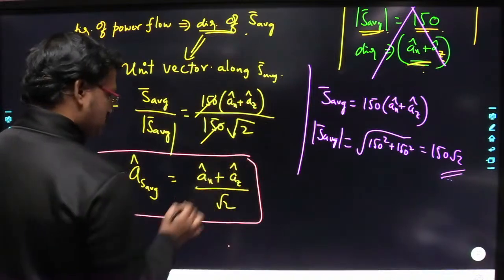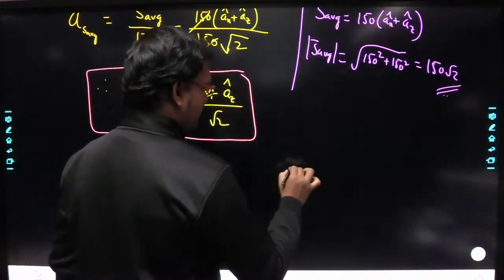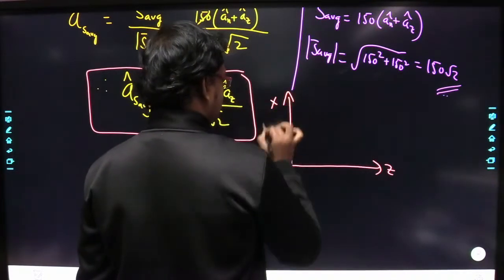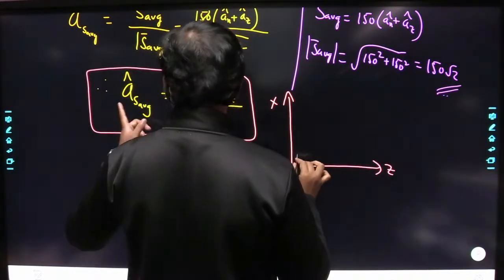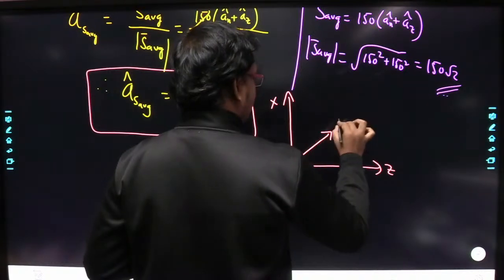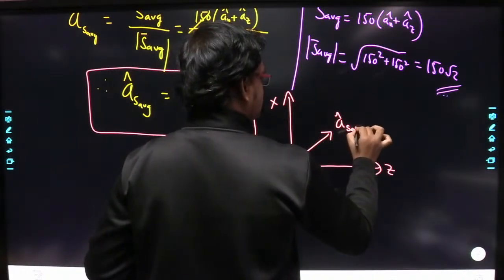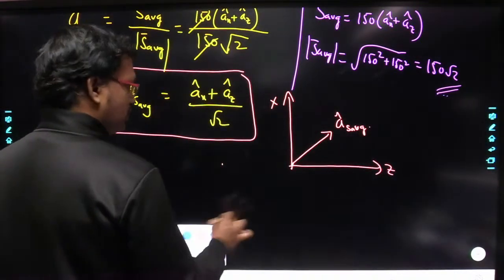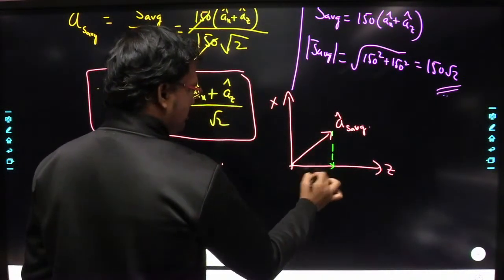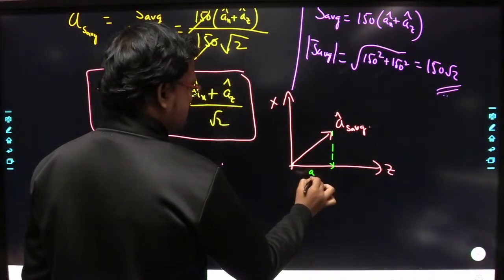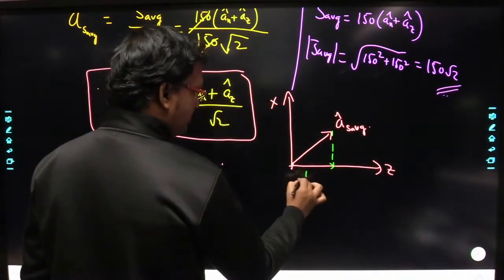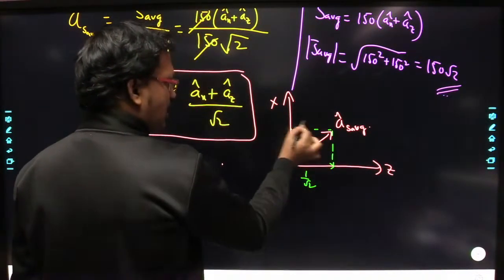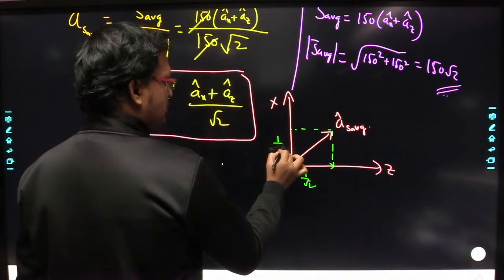So whatever Selvaraj has told, that is in the ZX plane. He has told that this is the Z axis and this is the X axis, right? Here the unit vector a cap S average is pointing in this direction. Understood? Its x component is 1 by root 2 and its z component is 1 by root 2.